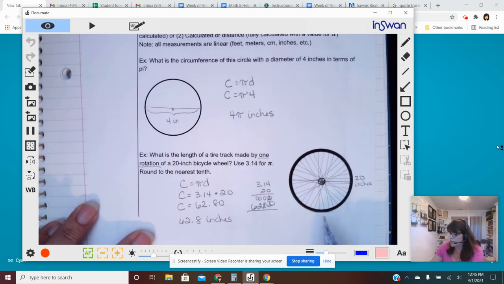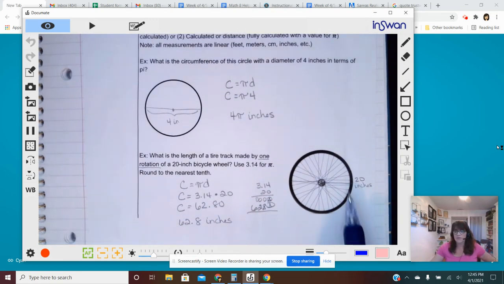Okay. So if I was able to ride my bike so precisely that I could get the wheel to spin just one time, I'm going to leave a 62.8 inch tire track. Okay. Because this is a 20-inch wheel.